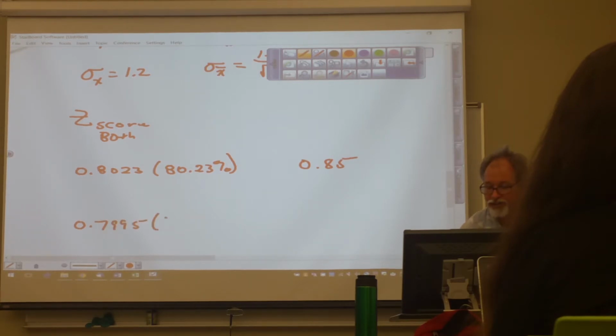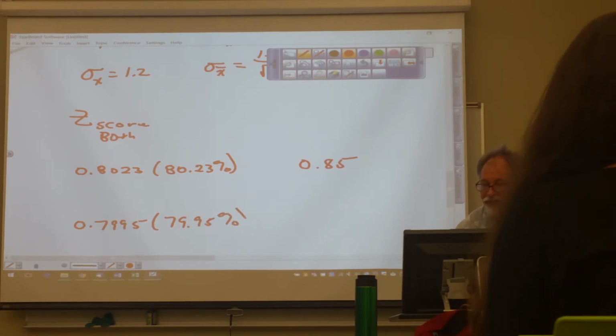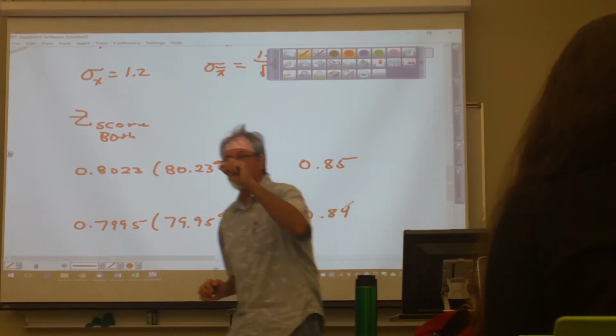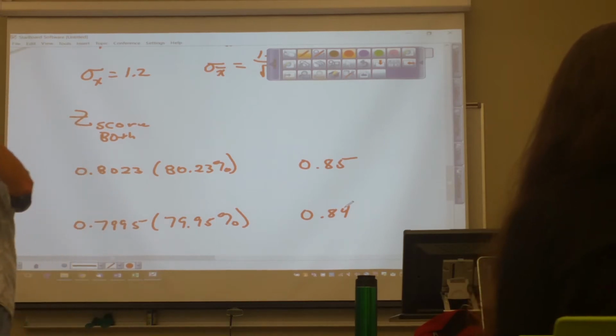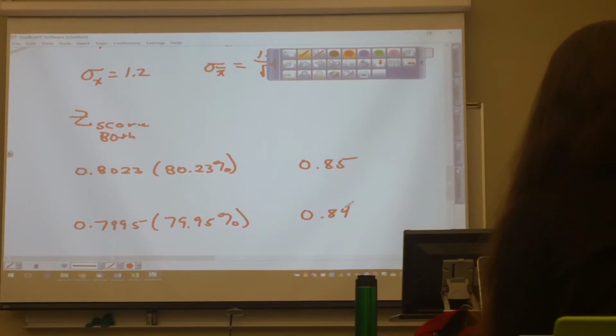And we found that 0.7995, which is 79.95%, was 0.84. So the number we want is probably just a touch above 0.84. So if you wanted to use 0.841, that would be fine.